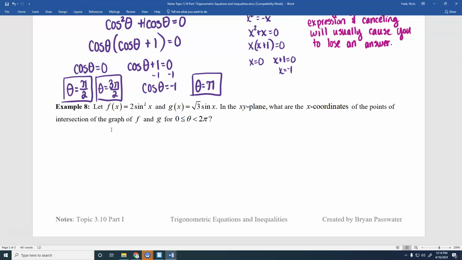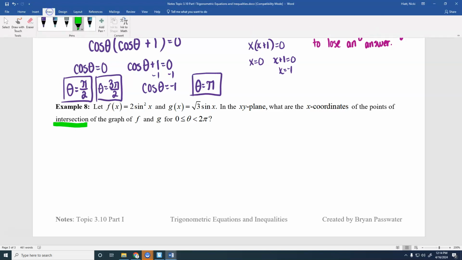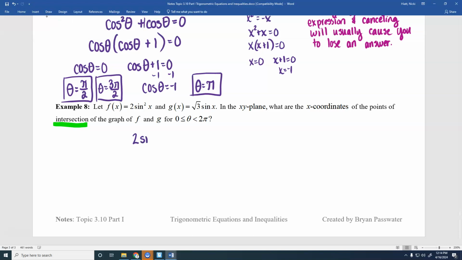So it's asking us about the intersection of the two graphs. What do we do if we want to see where two graphs intersect? We set them equal to each other. So what we'll do for this is we'll say 2 sine squared x equals square root of 3 sine x.